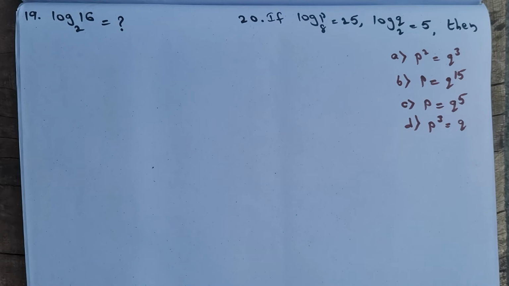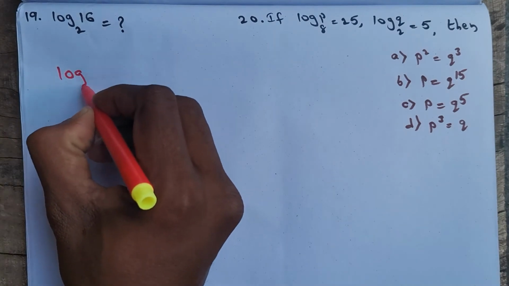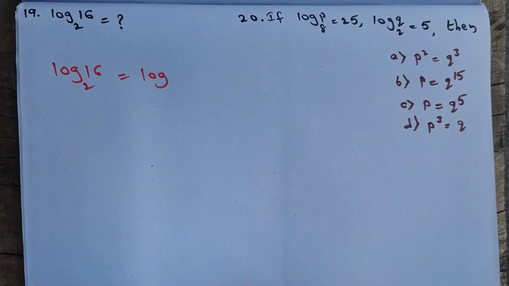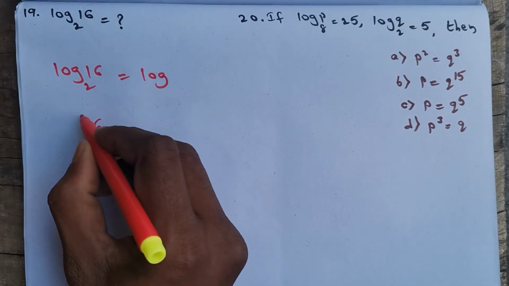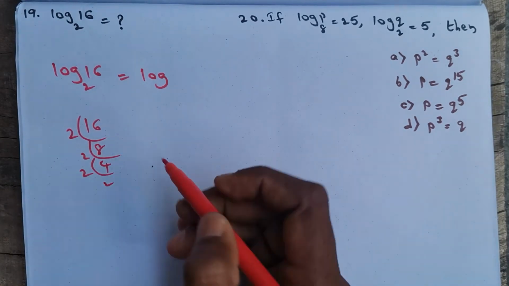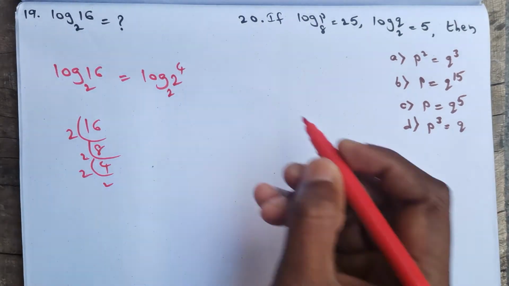Okay, next very simple question. What is the value of log 16 base 2? Log 16 base 2 is equal to log. For the given number, first do the prime factorization. For 16, 2 8s are 16, 2 4s are 8, 2 2s are 4. 1, 2, 3, 4, so 2 power 4, with the base the same 2 again.